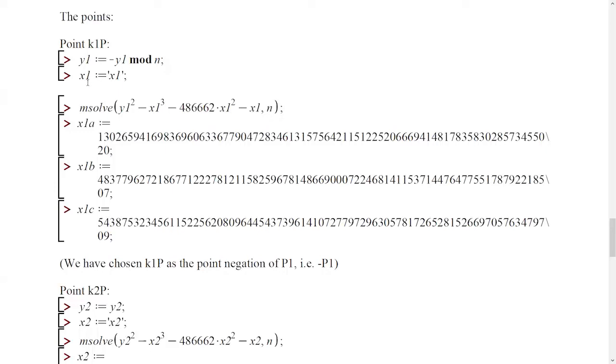And what we want to determine is the value of x1, knowing that this point belongs to curve 25519. So we issue this command with msolve, and we get these three values for x1: x1a, this value, x1b, the other value, and x1c, the last value. Okay, so we have chosen K1P as the point negation of P1, that is minus P1.